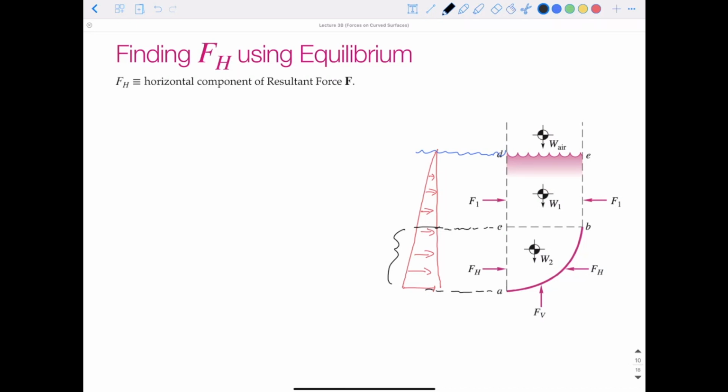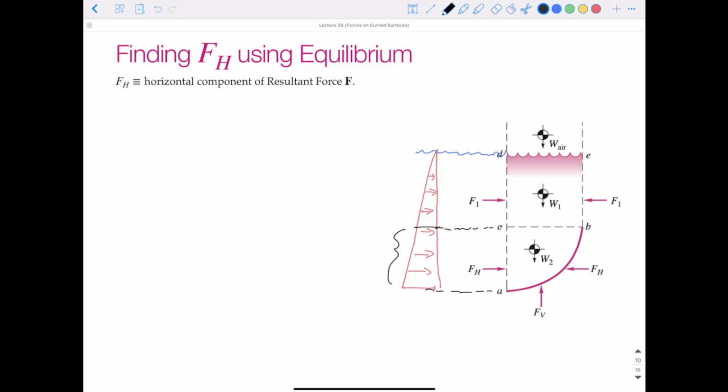And so if we think back to how we solve this with plane surfaces, we can go through the same steps, except now we have to integrate over a curved surface. But if we just look at the projection, all we care about right now is finding the equivalent force. We don't really care exactly where it is right now.